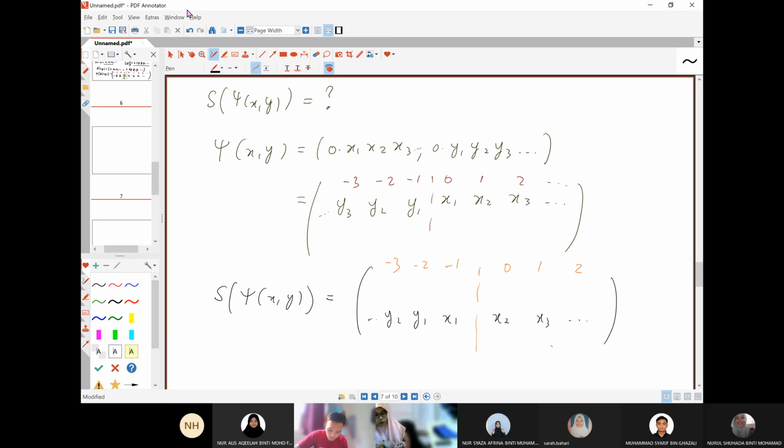So why we need to check the isomorphism between these two transformations is because we want to see whether the properties of the first transformation is the same or not. So kalau properties the same, selalunya we can just analyze the one of the transformation je lah.